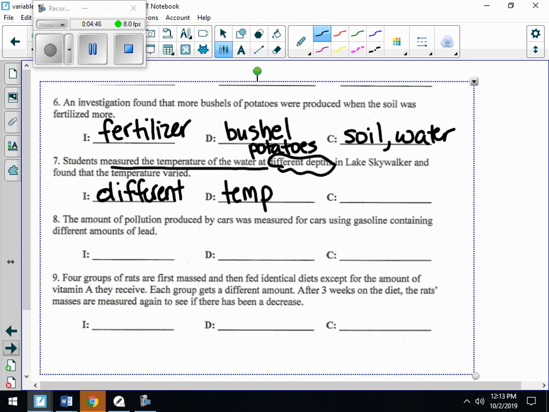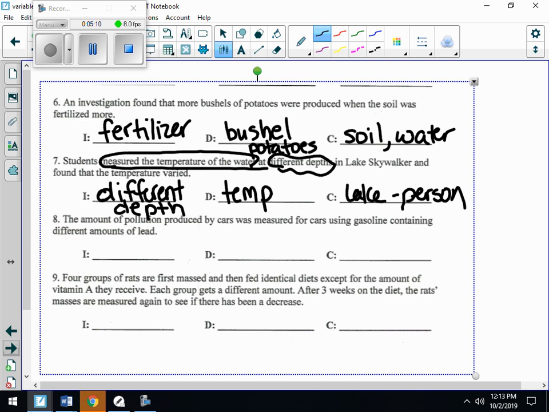That's the dependent variable. So this one was a little bit tricky worded as well. If you understood that they're measuring the temperature of the water because they want to see if the different depths affect the temperature of the water. Constants: the same lake, the same person measuring it, the same organisms living in that lake.